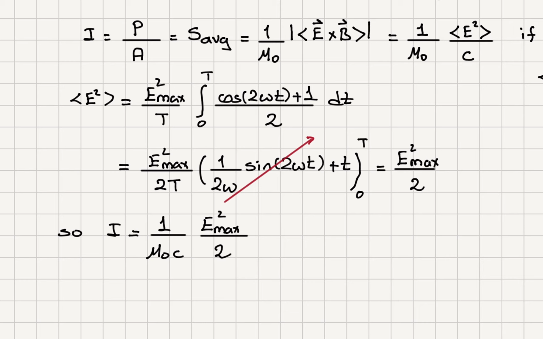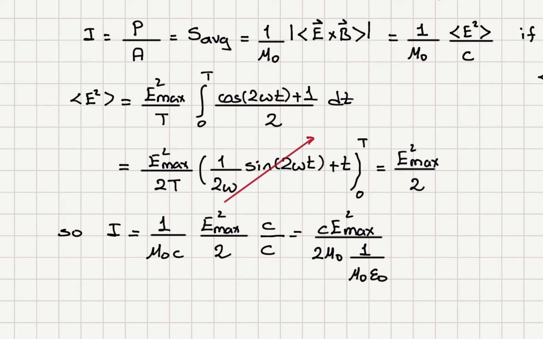And if I multiply top and bottom with c, I will get c squared at the bottom. So this will be c times E max squared. C is the speed of light. And then at the bottom I have 2 mu 0 c squared, but c squared is 1 over mu 0 epsilon 0.